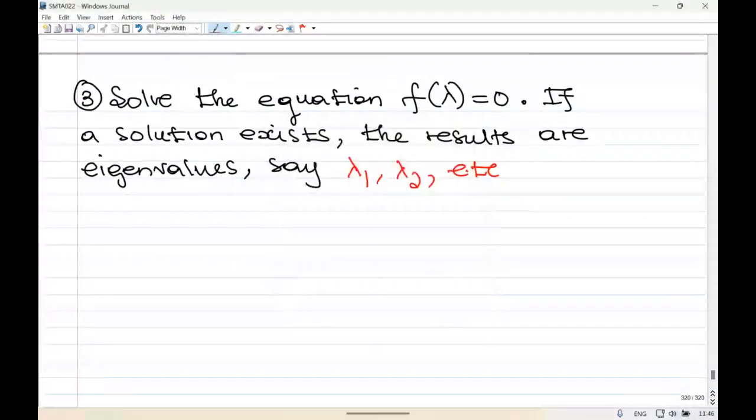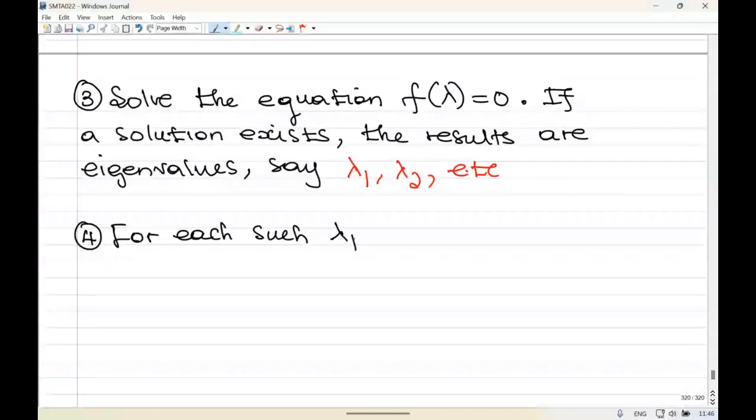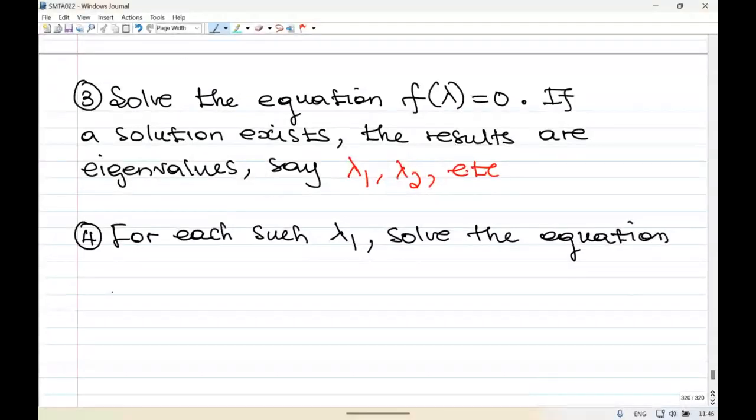Then when you are done with number 3, you are going to check number 4. For each lambda that you got, let's say lambda 1, you are going to solve the equation where your characteristic matrix, C of lambda i, multiplied by the variable vector X, equals the zero matrix.